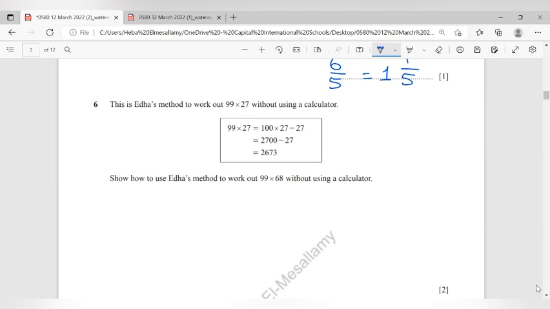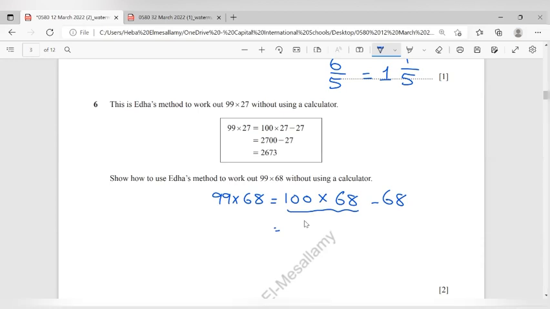So I'm going to apply exactly the same steps, but instead of 27, I have 68. Remove each 27 and put 68, which means 100 multiplied by 68 minus 68. Work out the first part on the calculator, please.